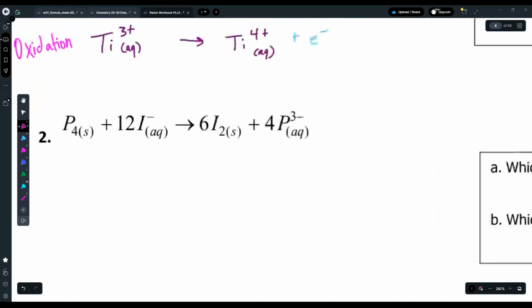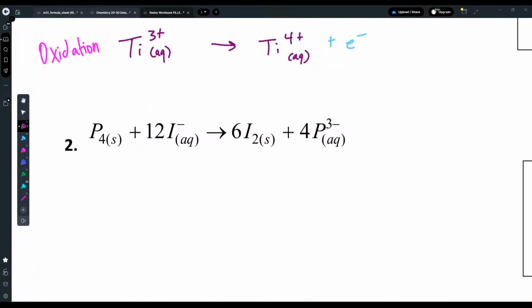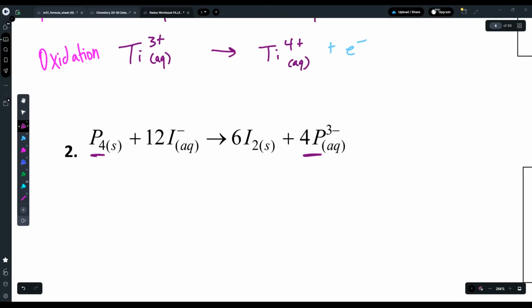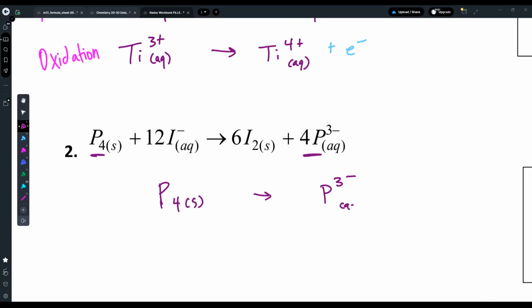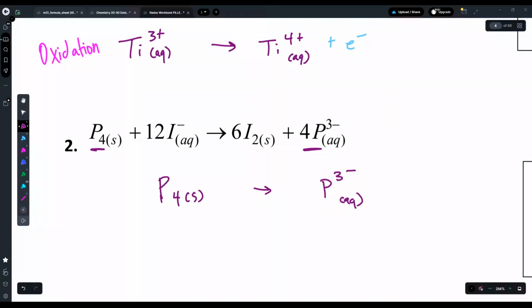Okay, moving on to the next question here. So again, we're going to play this game of what looks similar on both sides. So phosphorus and the phosphide ions, those look similar. Okay, so again, we're just leaving the coefficients right now.